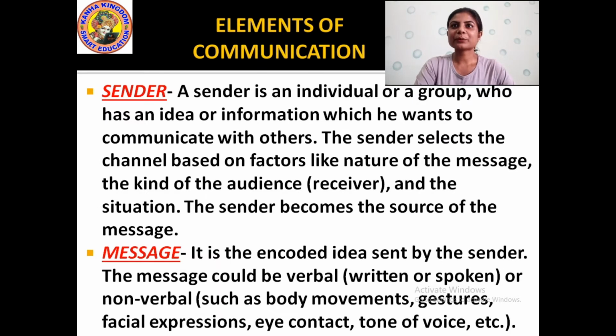So students, let us begin with elements of the communication cycle. Now what were the elements? I already told you in the last class that communication is a two-way process where there is one sender and a receiver. The sender sends the message to the receiver through different mediums, the receiver receives the message, decodes it, and then gives the feedback or response to the sender, whether the message that has been sent is appropriate or not.